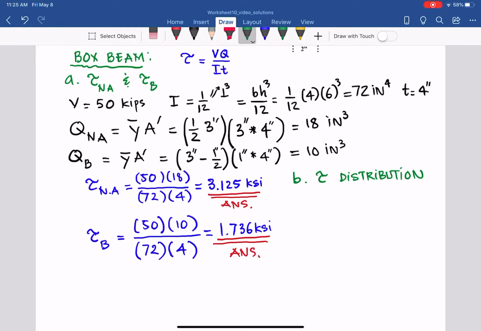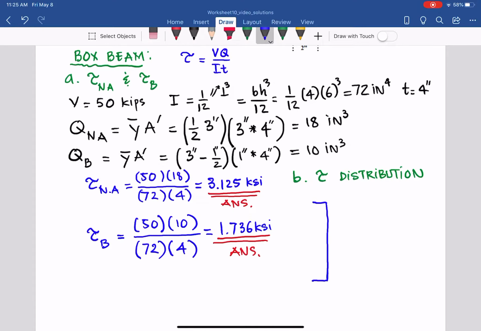So for the tau distribution, let's draw the cross section. The vertical blue line here just shows the projection of the cross section.